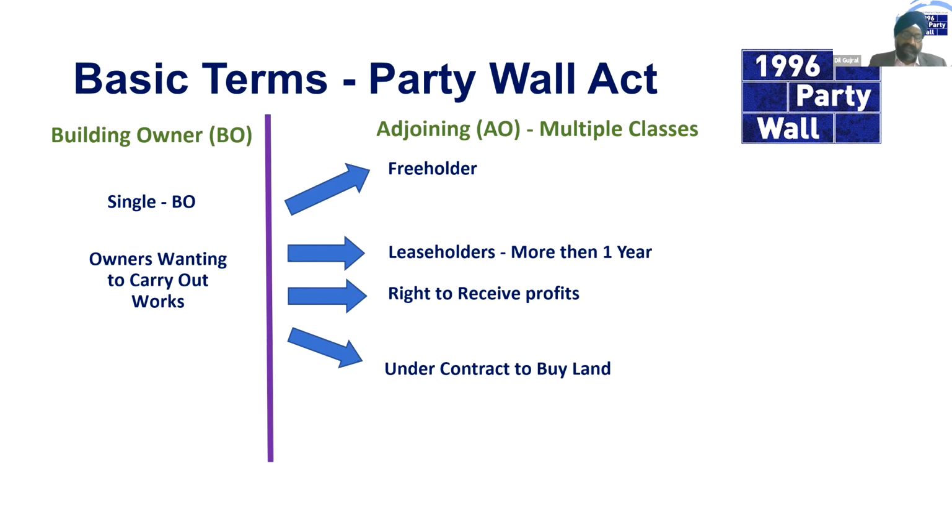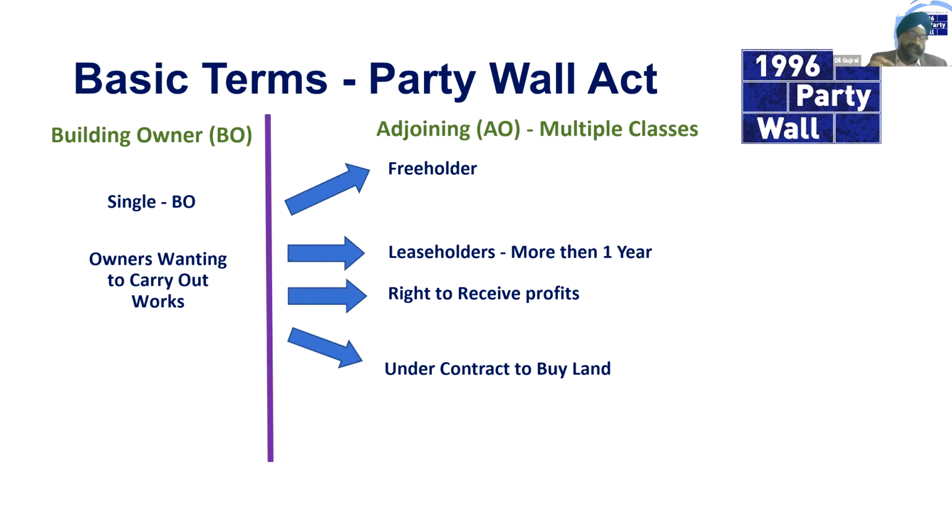So you could have a scenario where you're looking to do a loft conversion or a rear extension, and you send a notice to the adjoining owners, and they've just exchanged on a house, and the current owner says, well, I'm not fussed, I'm going to sell the property. But it's unfair on the new owners, because they're the ones that are going to have the property, and also you need to comply with the legislation.